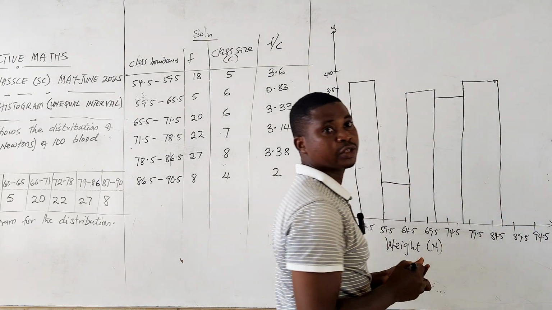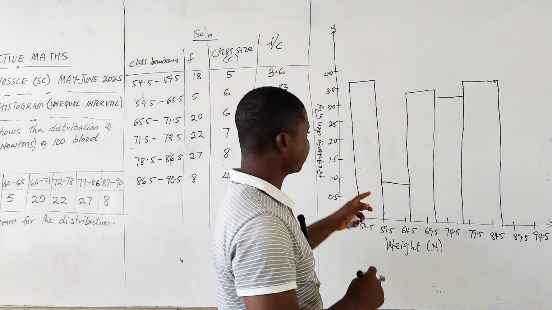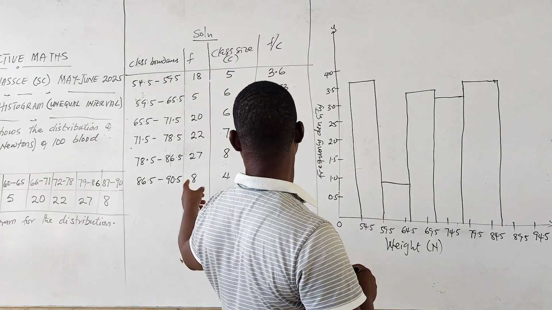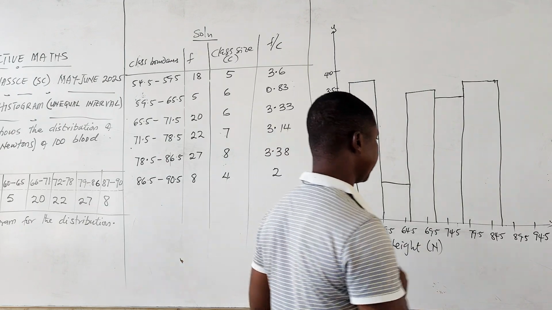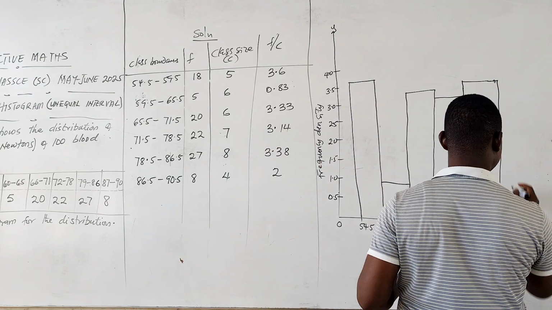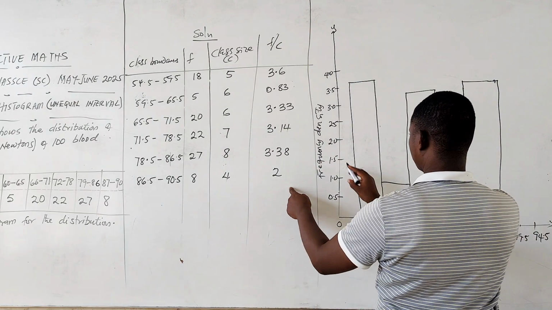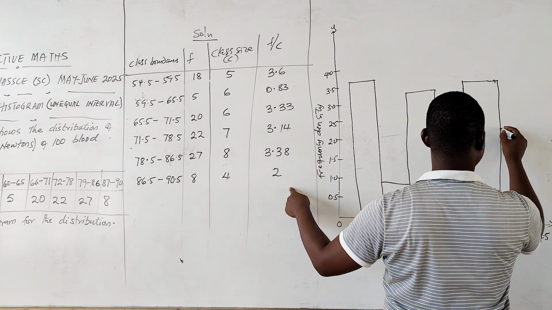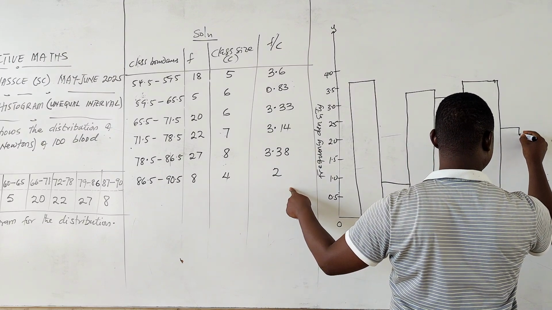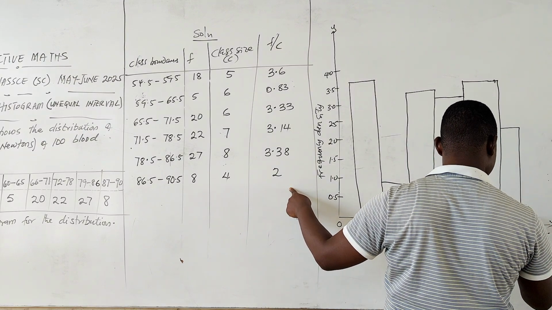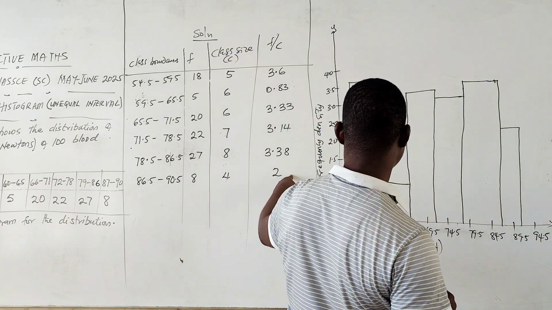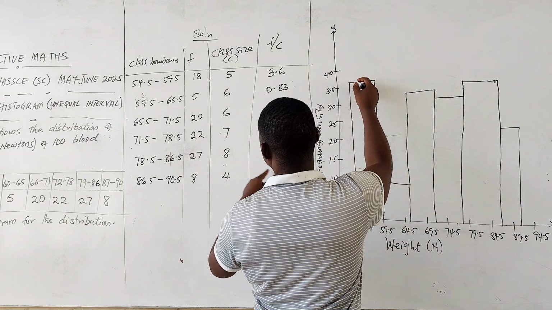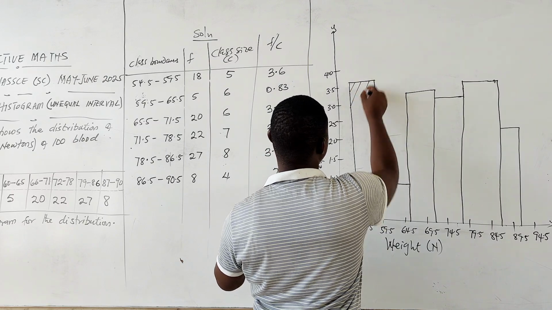When you are using a graph book, it will give you accurate diagrams, but this one is not a graph book. Then the next one is 86.5 to 90.5, and that one is 2. So 2 is here. So that is it.